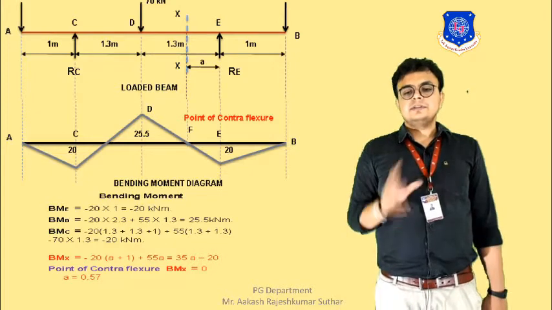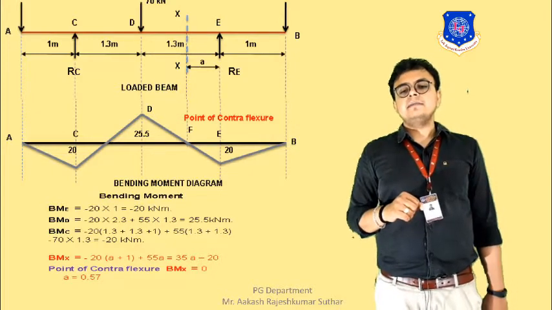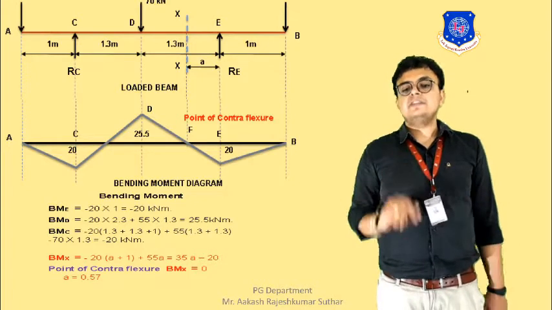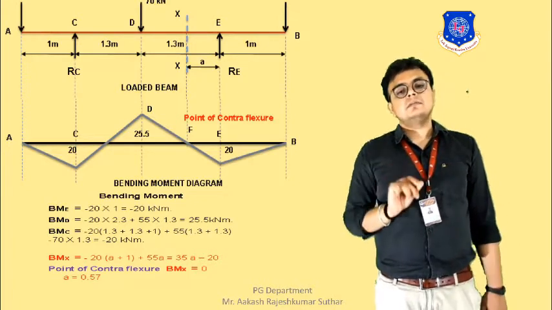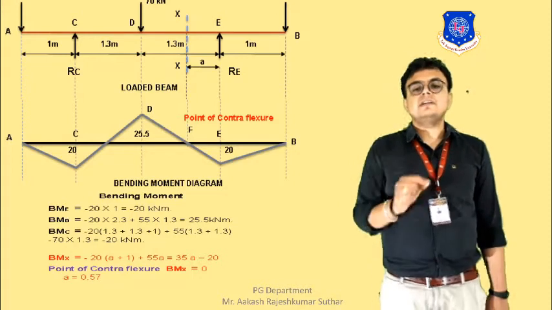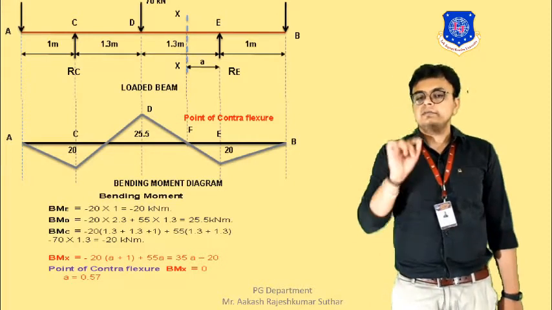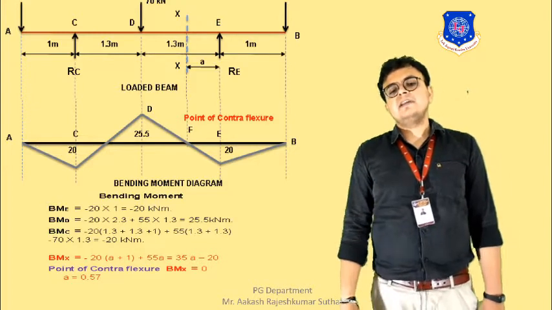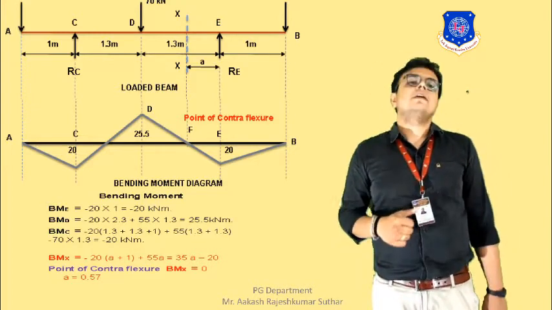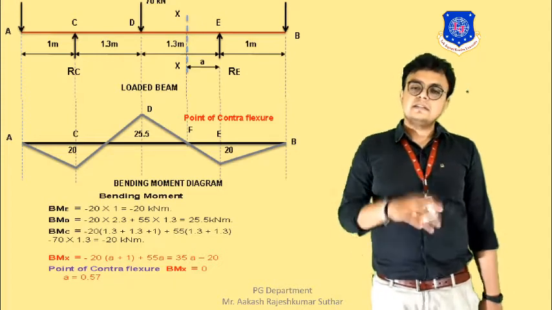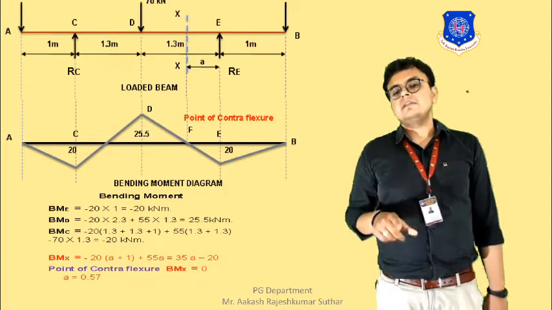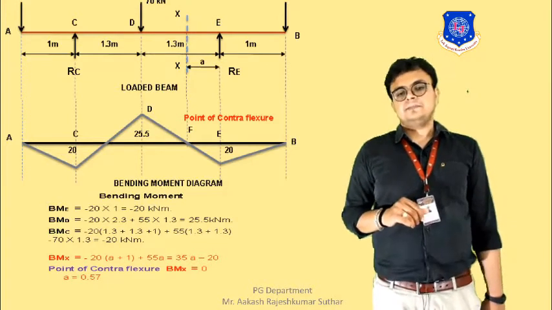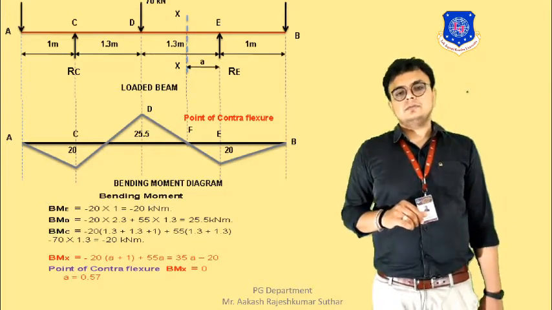So in this way we will get 35a minus 20, and at the point of contraflexion the moment will be 0. So we just have to equate 35a minus 20 equal to 0. By solving that, we get the value of a equal to 0.57. So we can say that at a distance 0.57 from E, we are getting the point of contraflexion.